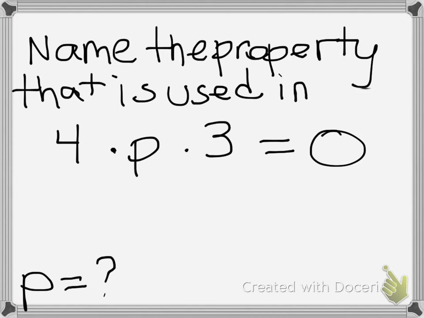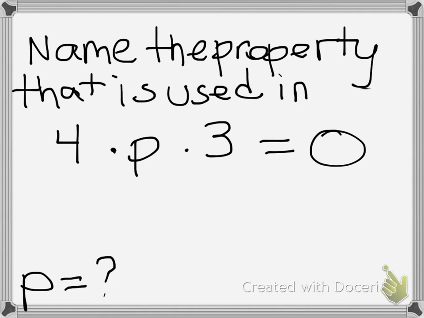Now we're going to review some properties. So the first property here, we need to name the property used in the expression 4 times p times 3. What I would do first is I'd try to figure out what p has to be to make the answer be 0 when multiplying.